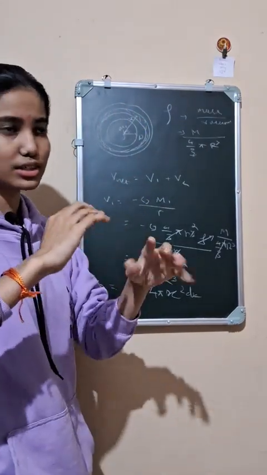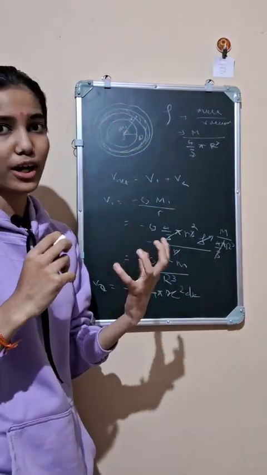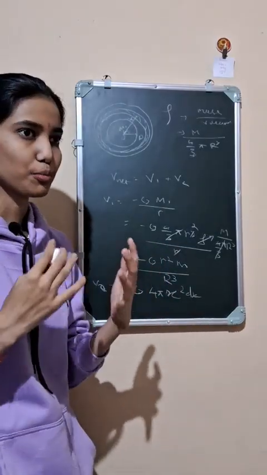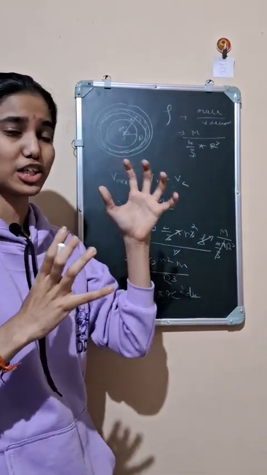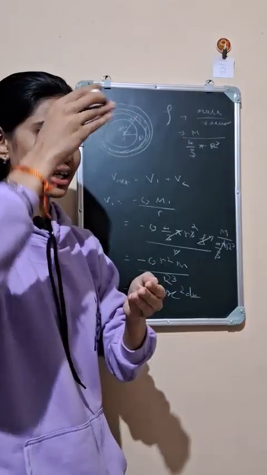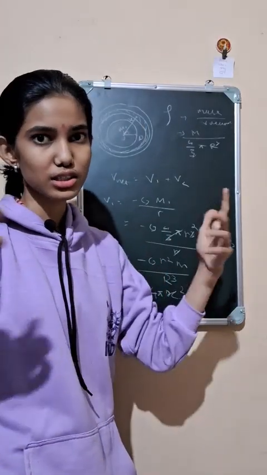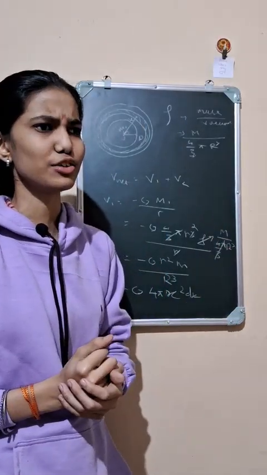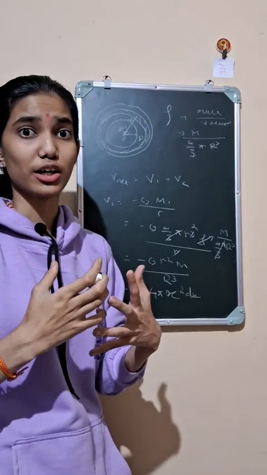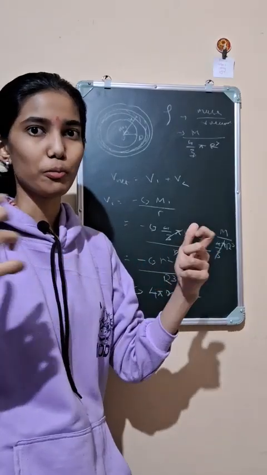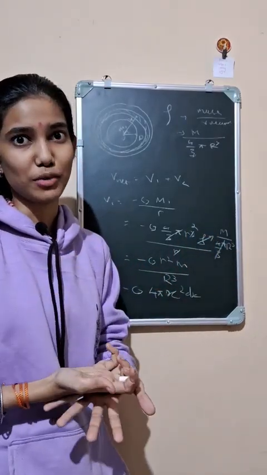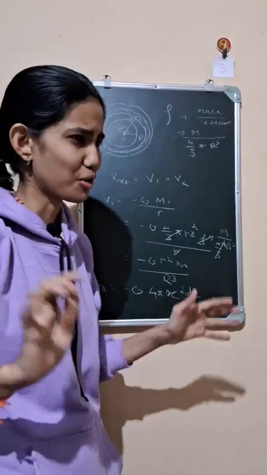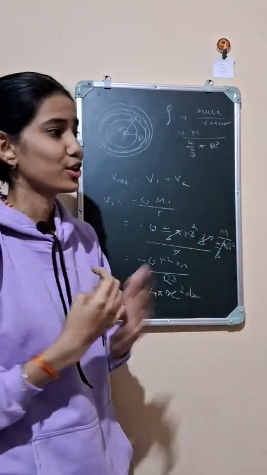Here the surface is 4 pi r square. We know the formula. Suppose the spherical shell is like a football. I cut the football and just open it. Like if you have seen nowadays people are opening the globe and showing that actually the world map is wrong, something like that. I am not from a geography background, so I am telling you about physics.